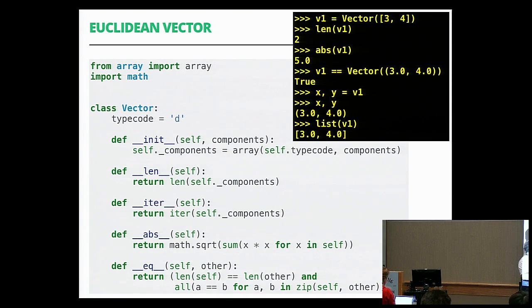The constructor to array takes this mandatory first argument, which is a type code, a letter that says how the numbers are going to be represented, because they may be ints of different bit lengths, and they may be floats of different bit lengths as well. Okay? So in this case, I chose to do double precision floats. This is what the D here stands for. Okay?